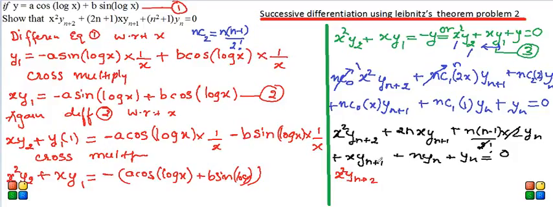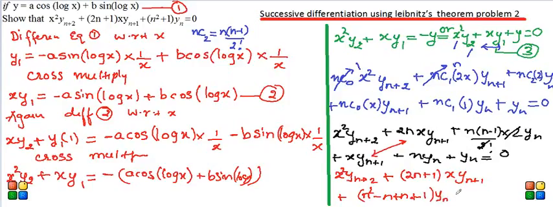In the second and fourth term we are having x y(n+1), so what remains is (2n plus 1) x y(n+1). In the third, fifth and sixth we are having yn, so I'll write down here, plus if I take yn common, then we will get over here n into n minus 1, that is n square minus n, plus n plus 1, yn is common, is equal to 0.